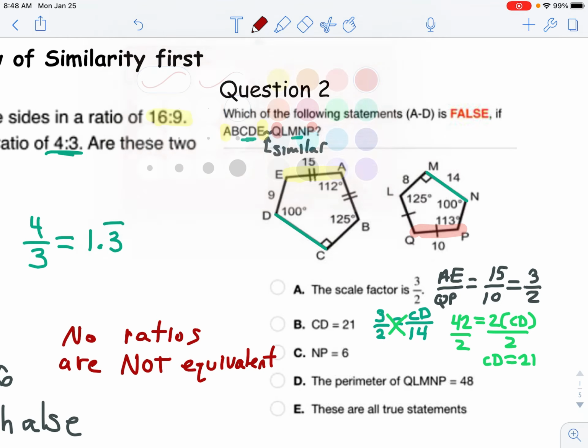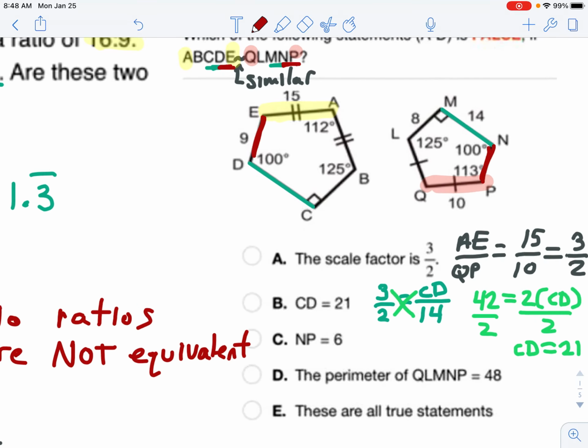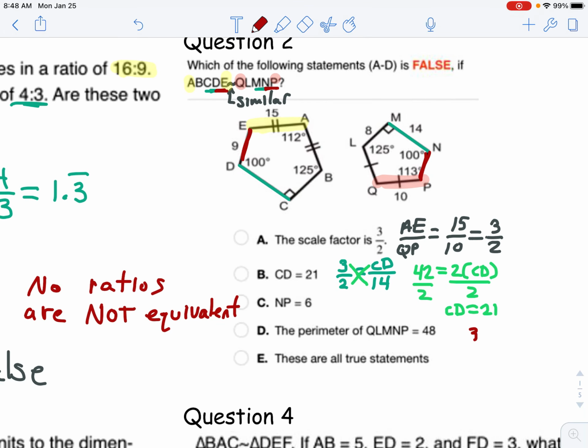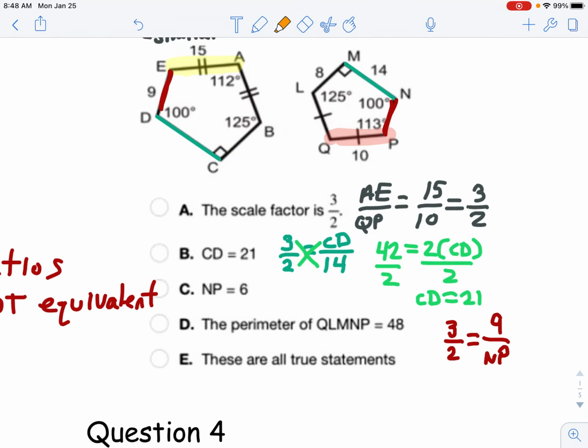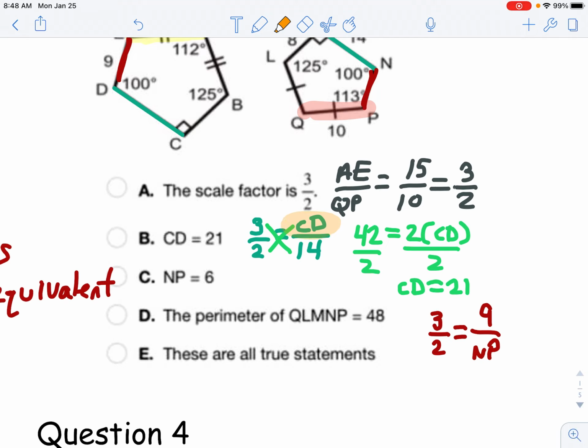All right, NP. I need to find NP. Well, NP are the two last letters, so it's going to correspond to DE. So 3/2 is still my scale factor, or my ratio. Now DE is 9, and NP is what I'm solving for. Notice how in part B, CD was in the numerator, now NP is in the denominator.